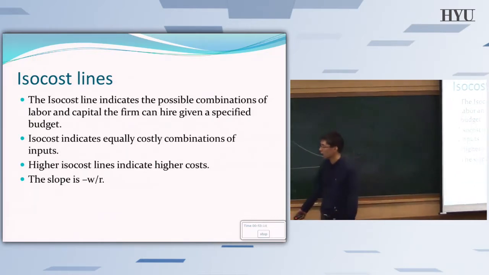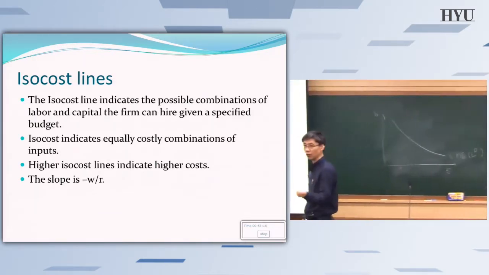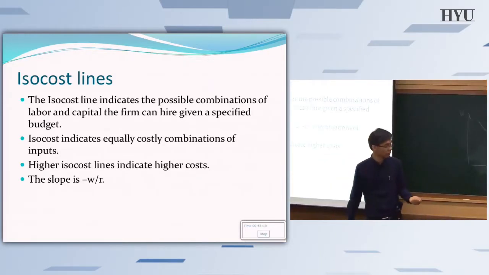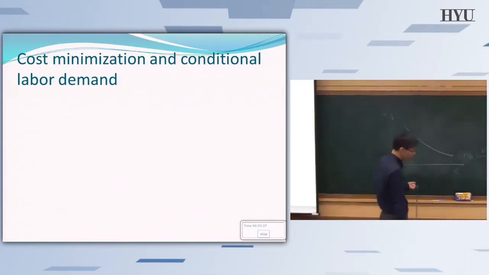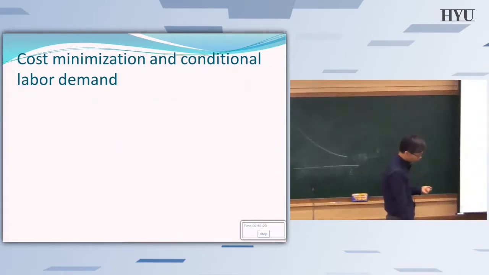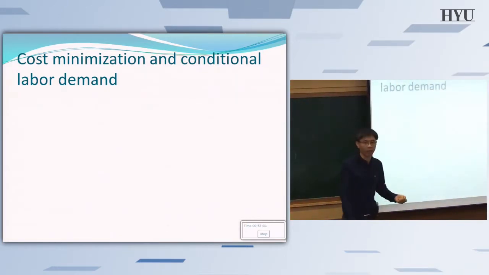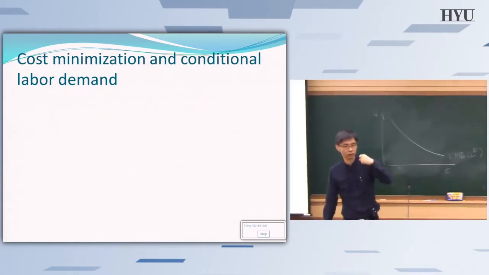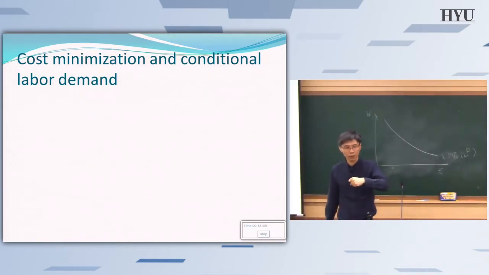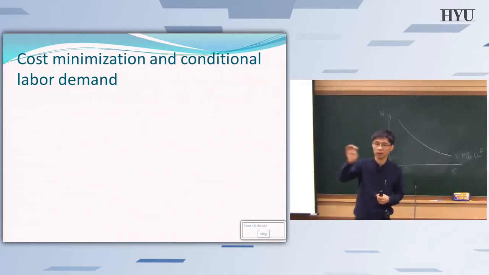Once you know the isoquant and isocost, then you can solve the cost minimization problem. In this long run labor demand, we approach long run labor demand in two stages. At first, we look at labor demand given an output.